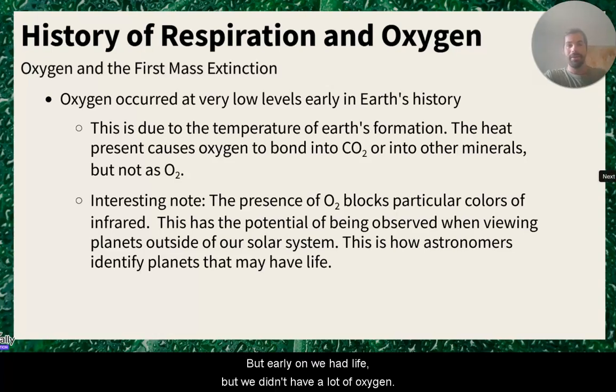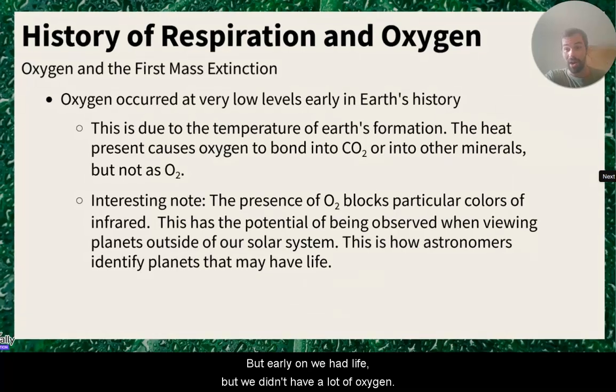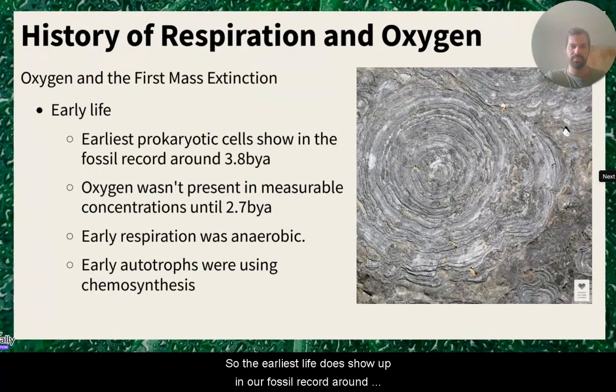But early on, we had life, but we didn't have a lot of oxygen. The earliest life does show up in our fossil record around 3.8 billion years ago, but oxygen wasn't really there until around 2.7 billion years ago.